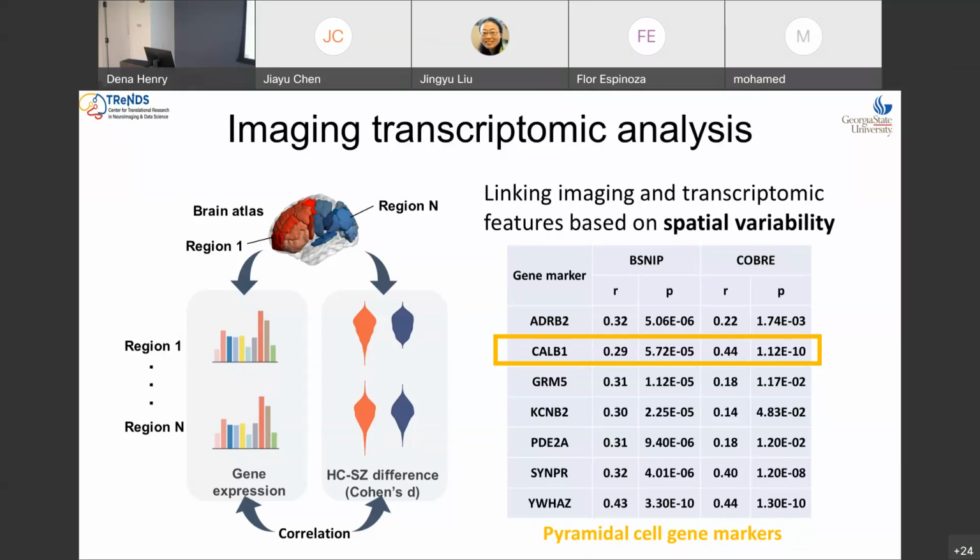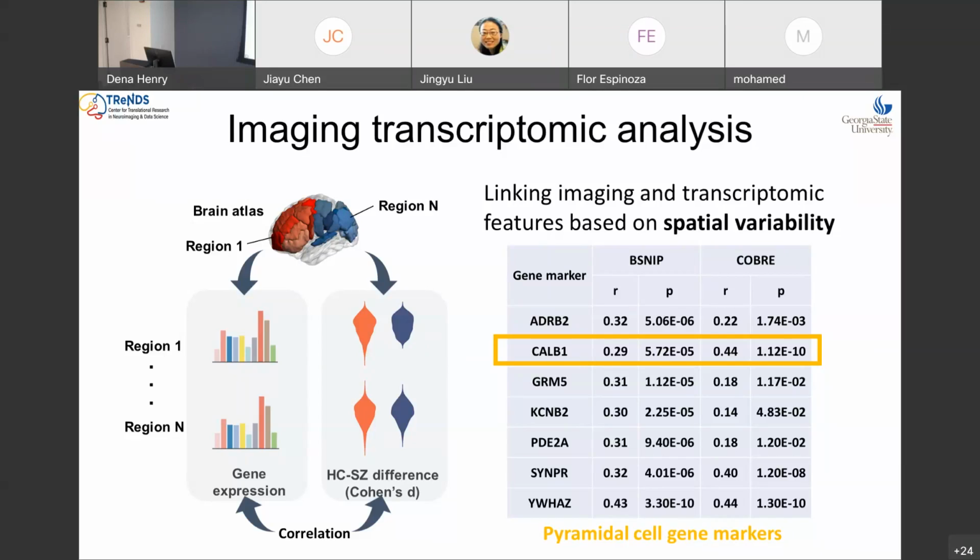But this may not be achievable for transcriptomic data. Gene expression is tissue specific, which means that if you want gene expression in the brain, you have to have brain tissue. That is not easy to get. Given this limitation, people are trying different strategies.